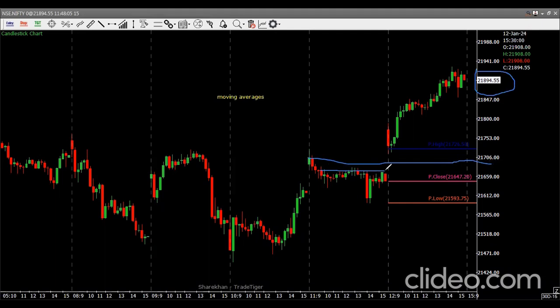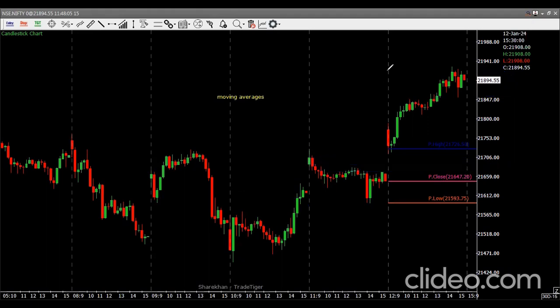At this point, it is somewhere in between, 21,680. So these are various points. If you average all these, you can plot a line, right? In this graph, you can plot a line. This line is usually called a moving average.